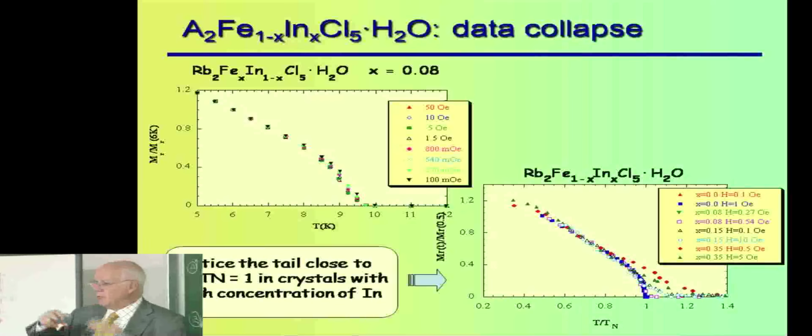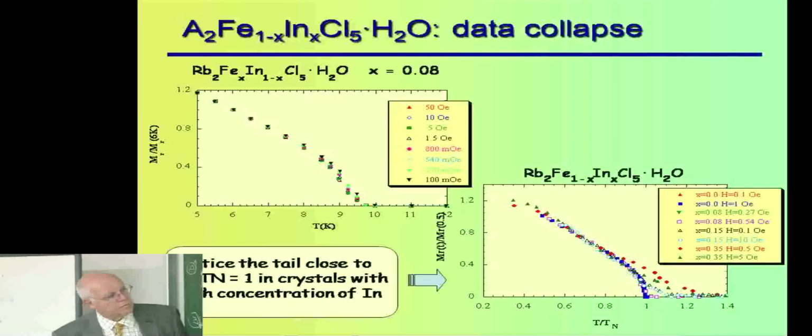And this is the most difficult area to measure. But in general, the points collapse in a single curve. So this is the general data collapse. And here, we could also include the manganese fluorine system, but I will show you later.